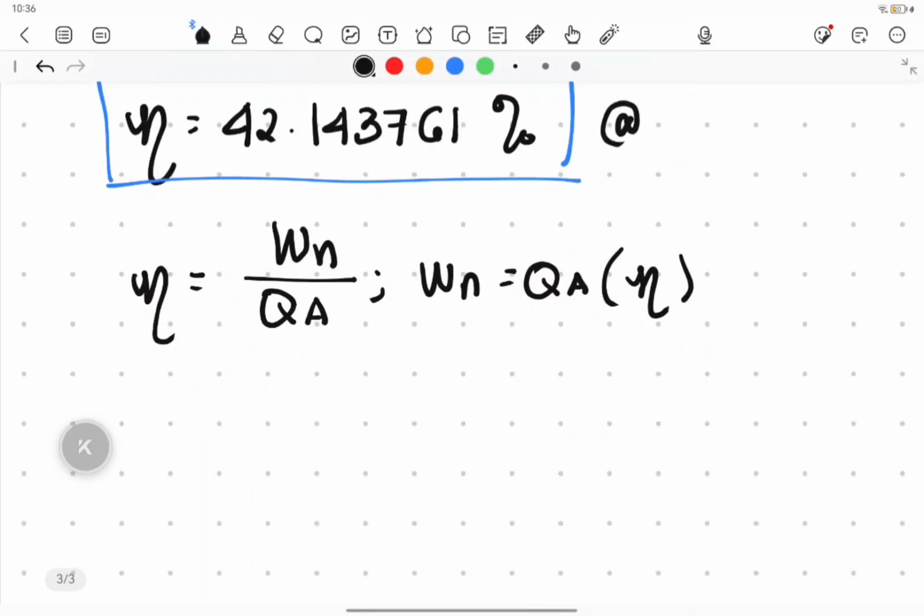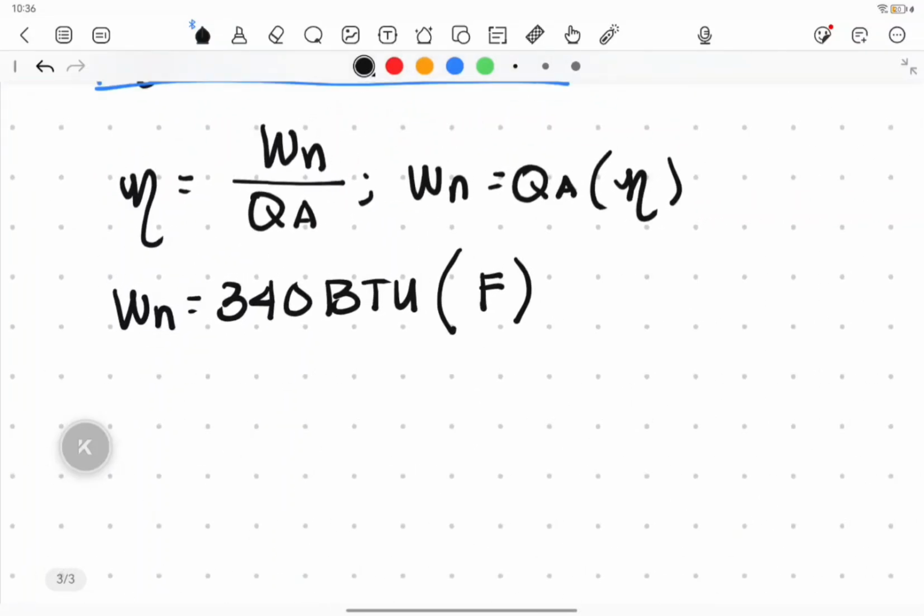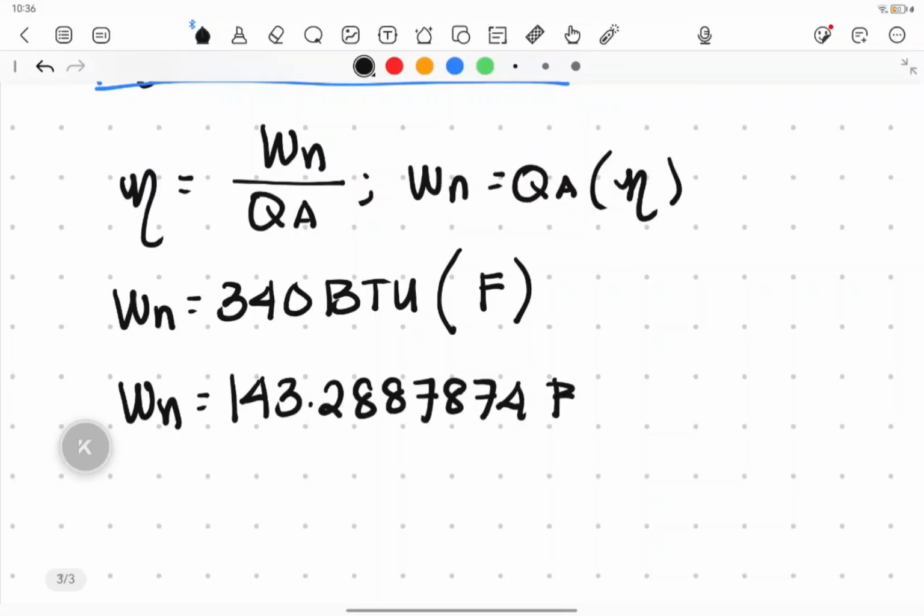So let us store this at letter F. Since our QA is 340 BTU, and then our efficiency is at letter F, we would get a work net of 143.2887874 BTU. And let's store this at letter M.